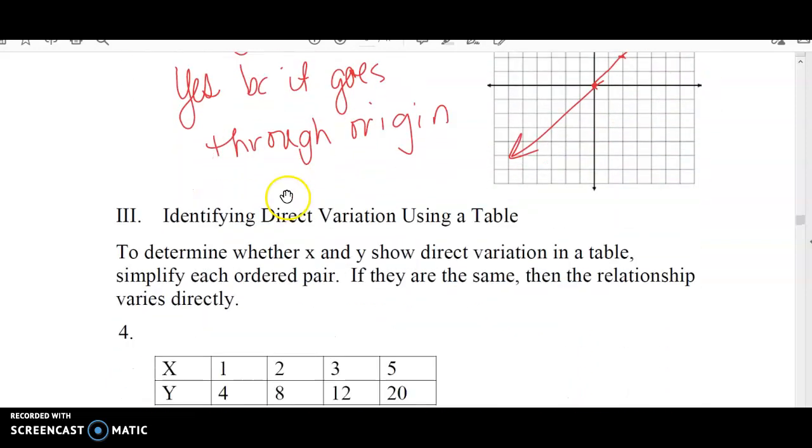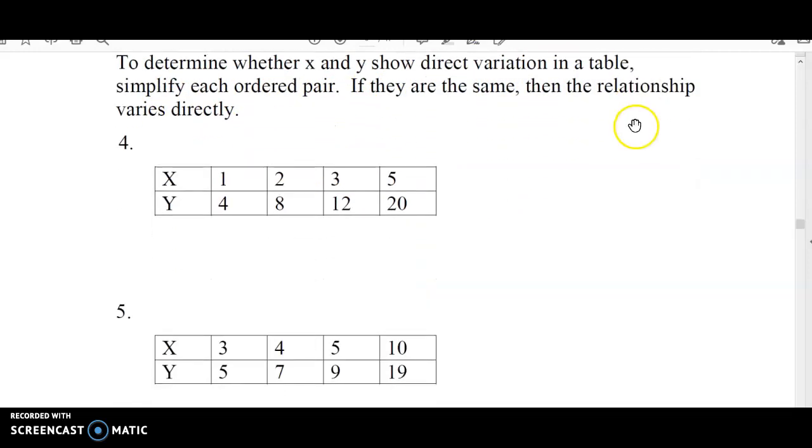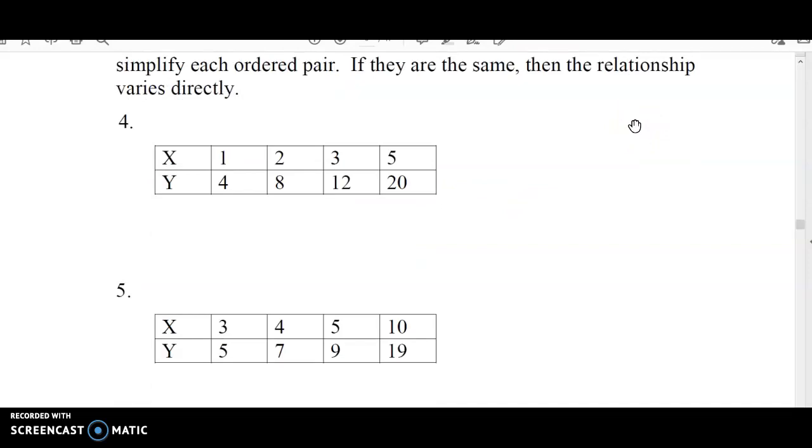That's direct variation. When we're looking at a table to determine whether x and y show direct variation, simplify each ordered pair. If they're the same, then the relationship varies directly. In this first table, you have x, you have y. I always do y over x because of slope. So 4 to 1, 8 to 2, 12 to 3, and 20 to 5.